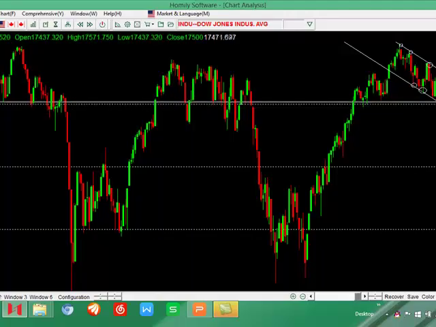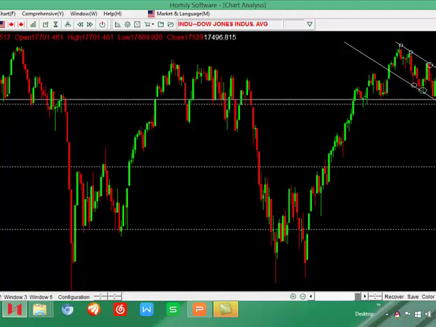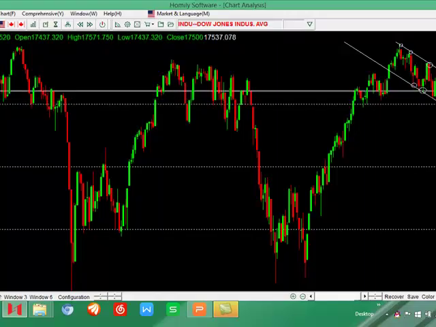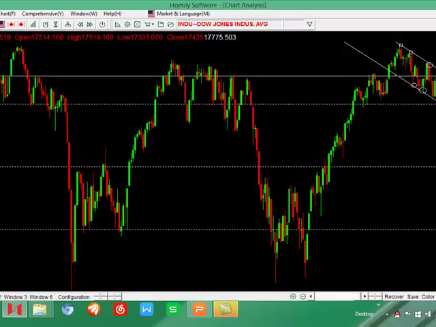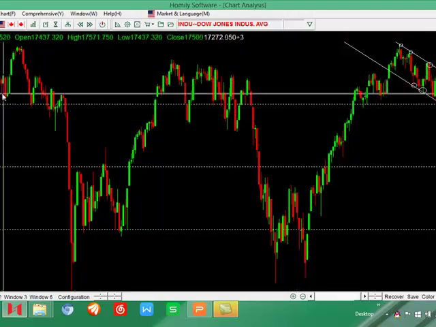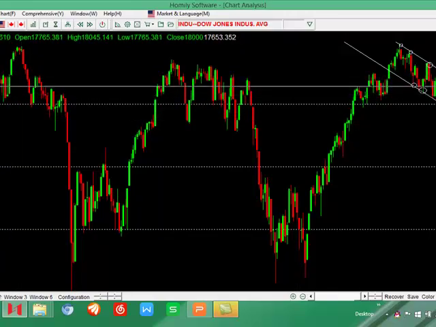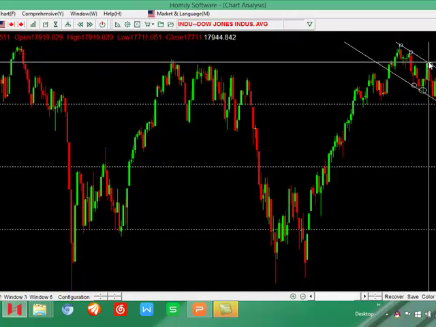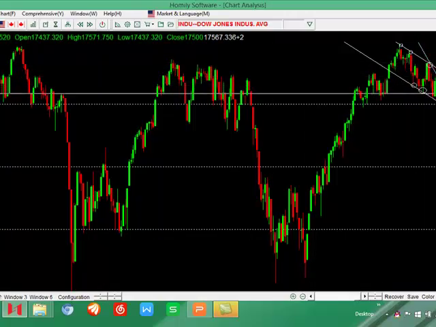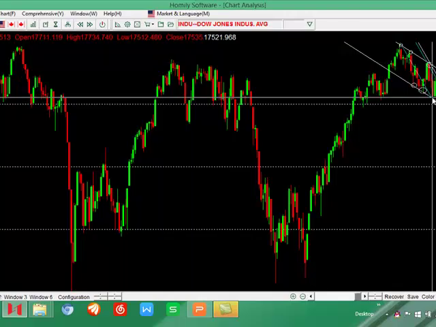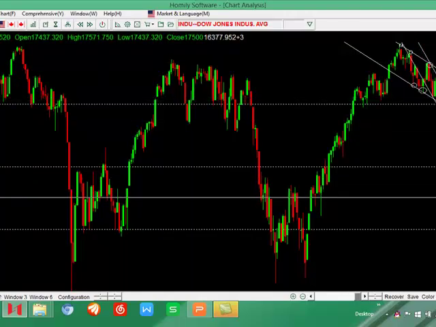But if the support is not working, it will create a new downtrend channel, like this. So the price will drop more sharply.